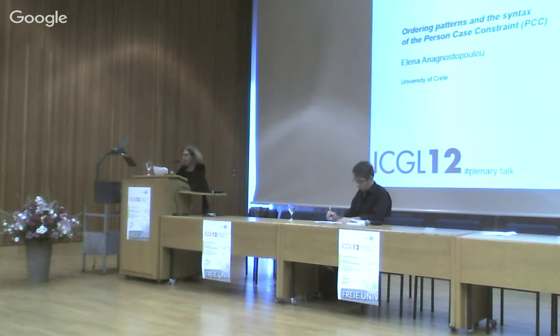In strong PCC languages, H, in my proposal, enters person agree with G1, blocking person agree with G2, which can only be a third person because third person lacks a person feature, it only has number, and therefore you don't get to have a violation. But when you have first and second person, then you have a violation. In my work, I said that in weak PCC languages, we have the possibility of having multiple agree.